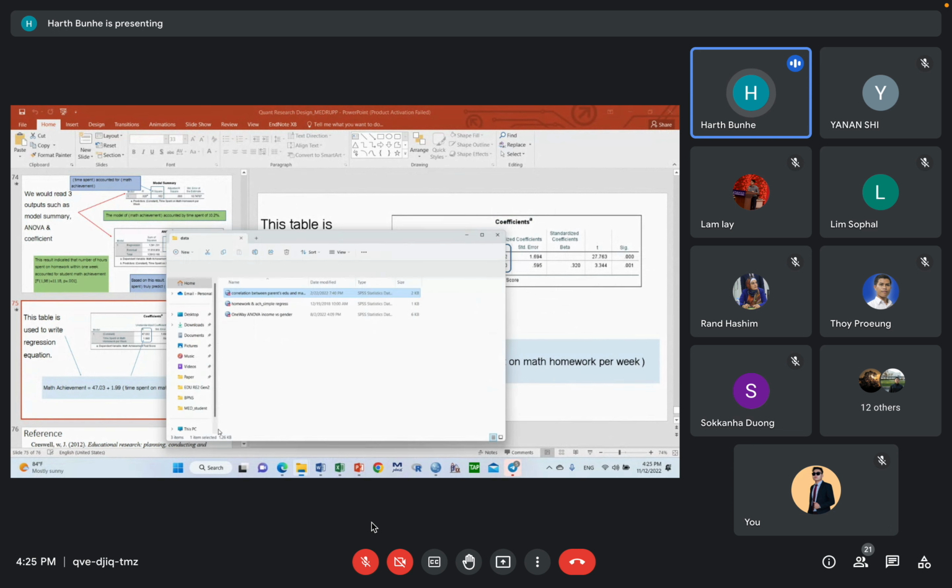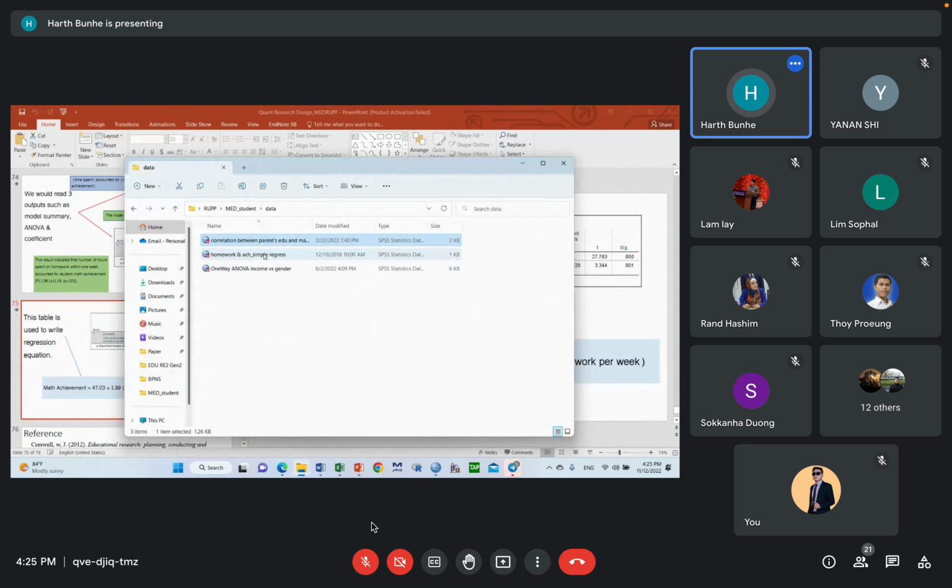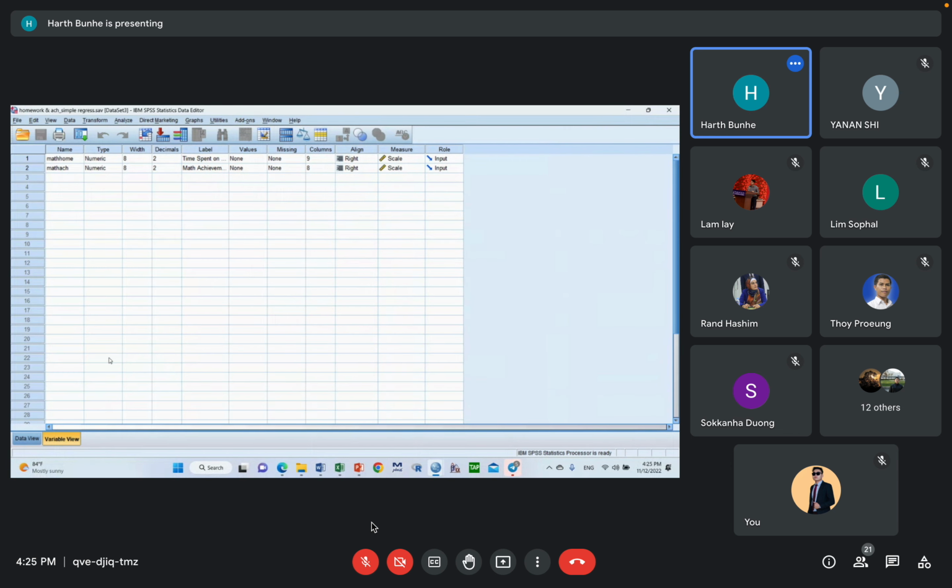Using SPSS, as in my data, you see there are two variables. The first I labelled math home, which means time spent on homework, and math achievement here.